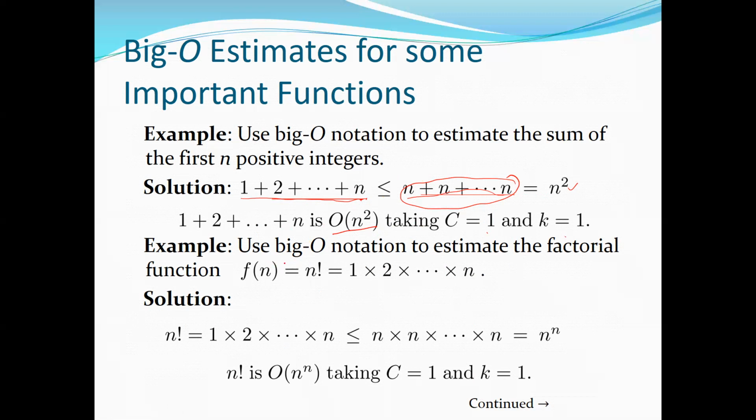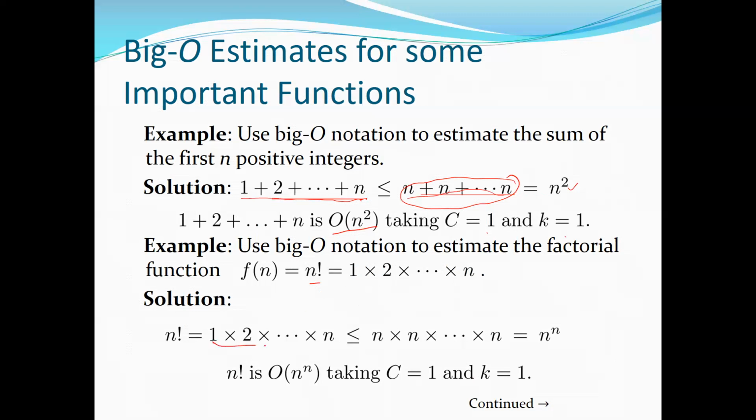Another example is to use big O notation to estimate the factorial. So f of n is equal to n factorial. The definition of n factorial is the multiplication of the first n numbers, for example 1 into 2 into 3 into 4 up to n. We need to establish the inequality for that.